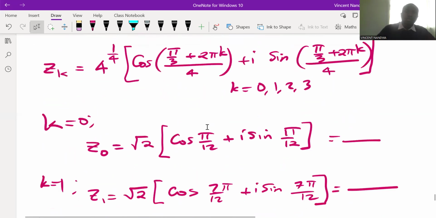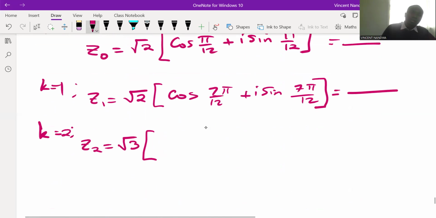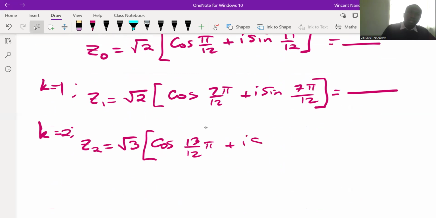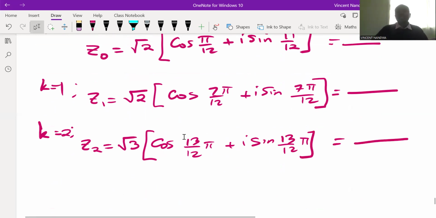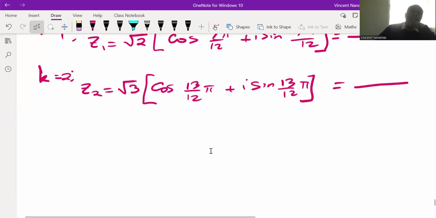So 13 over 12. So cosine of 13 over 12 pi plus i sine 13 over 12 pi. Then kindly get the numerical values and find the answer.